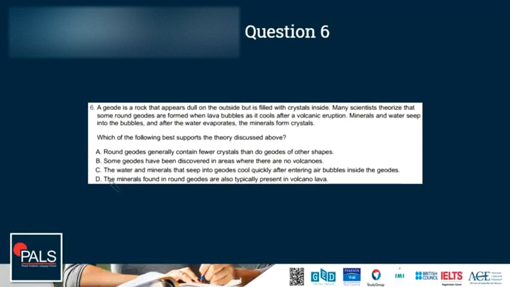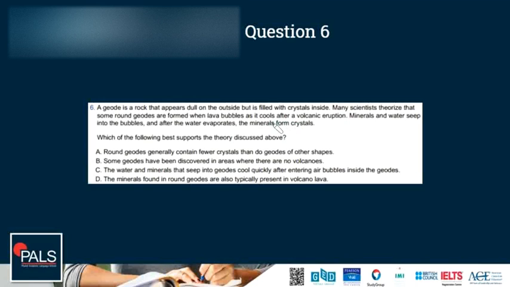Answer D, let's see if that does support, I hope. The minerals found in round geodes are also typically present in volcano lava. Yeah, well, that makes sense. For sure, if these geodes are formed during volcanic eruptions by lava bubbles and water with dissolved minerals inside these bubbles, water evaporates, leaving behind mineral crystals.